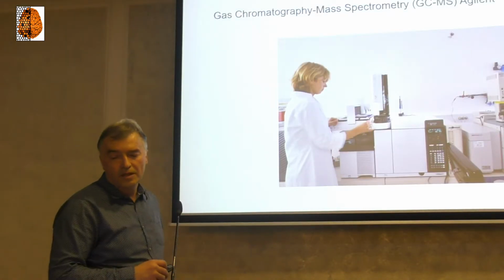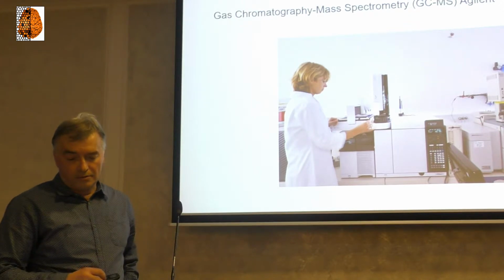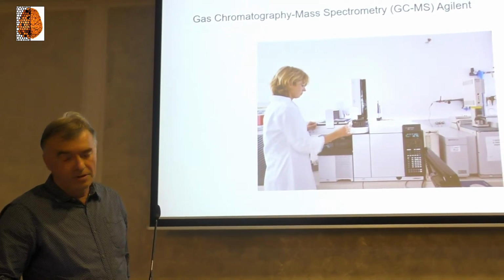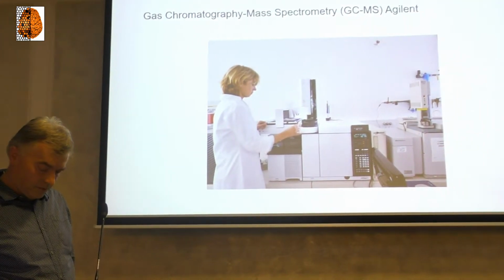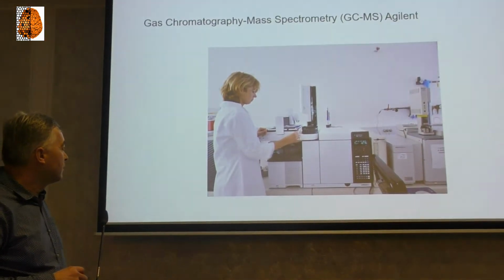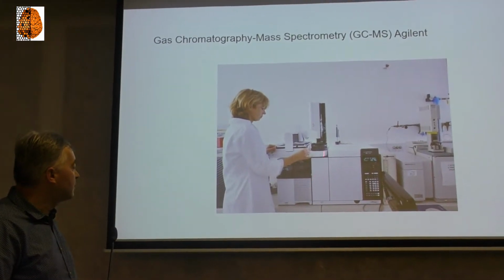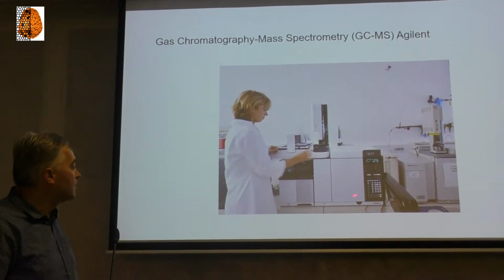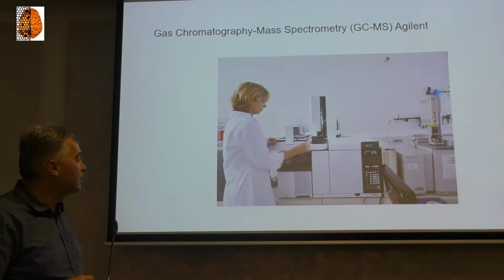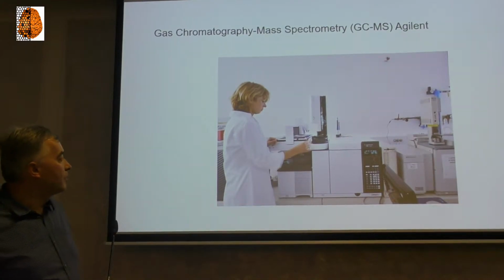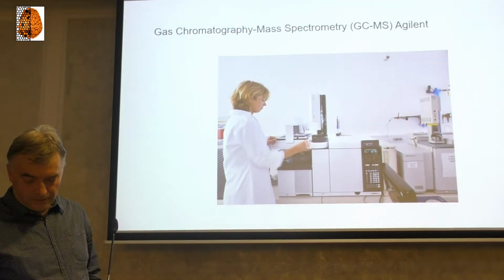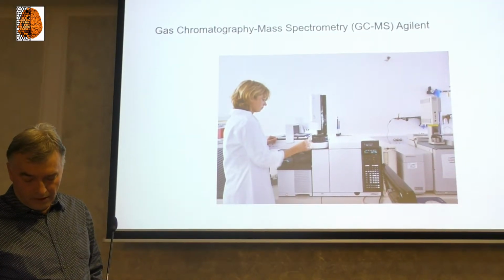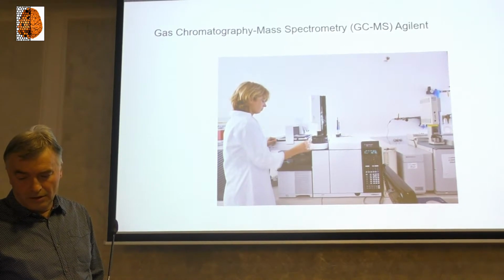Gas chromatography mass spectrometry is a technique where we use an Agilent triple quadrupole mass spectrometer for detection of compounds, and gas chromatographic separation for separation of compounds in particular.